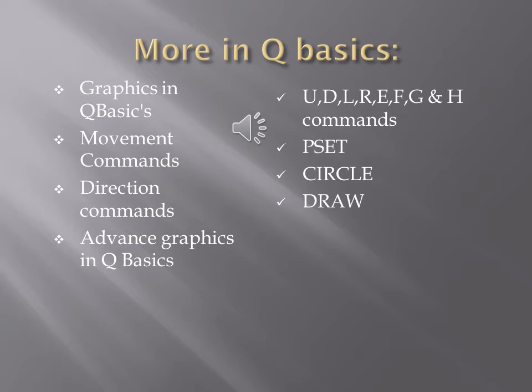In graphic mode 1, on page number 89, there are 320 columns and 200 rows of pixels. The coordinates of the top left corner pixel are 0 0, like x y, and the coordinates of the bottom right corner pixel are 319 199. These are the graphic mode 1 calculations: 320 columns and 200 rows.